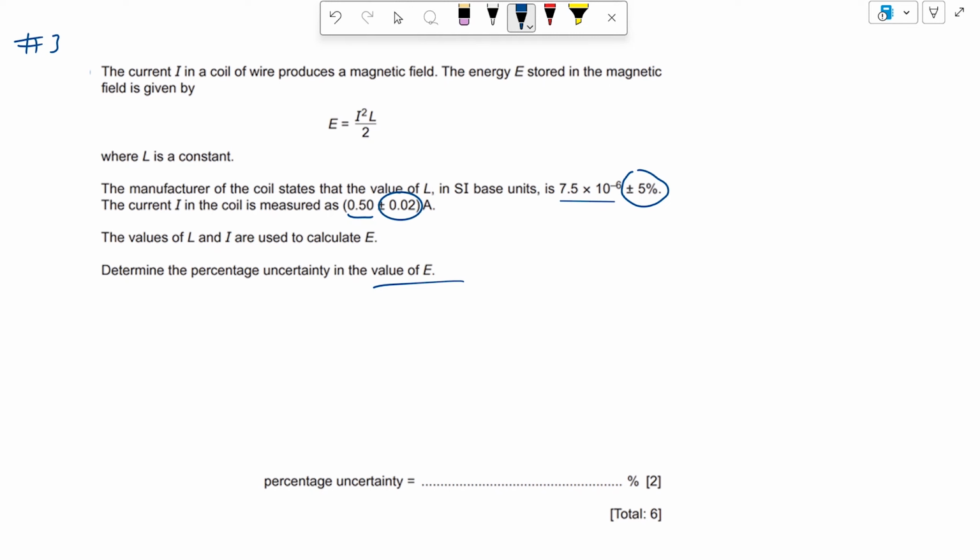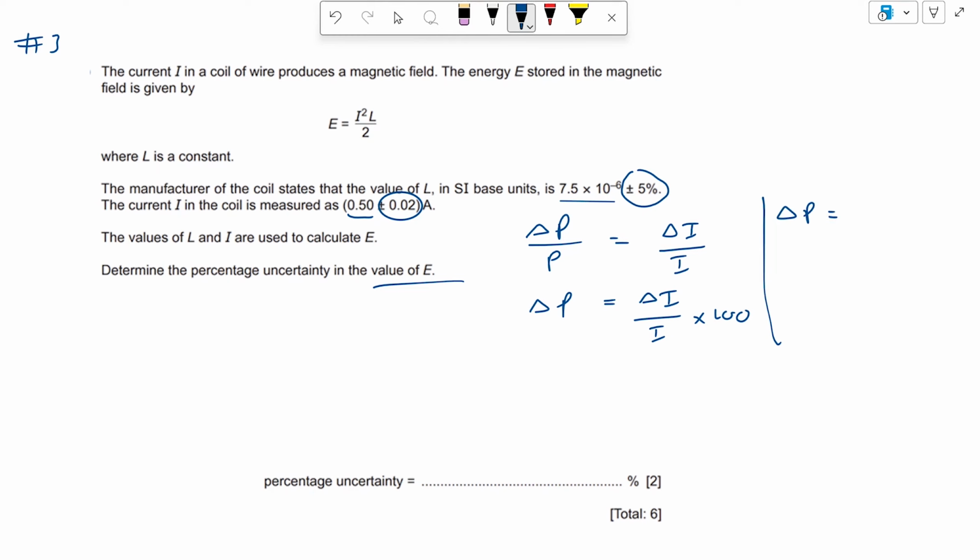So we need to convert I into percentage uncertainty. I'm just going to do that over here. Delta P over P is equal to delta I over I. So delta P is equal to delta I over I times 100.